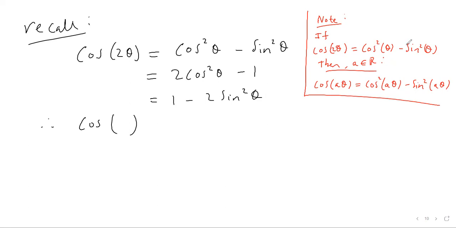Then if A is a real number, cos of 2 A theta is equal to cos squared A theta minus sine squared A theta. So basically, if you multiply the angle there, it means you multiply the angle there.